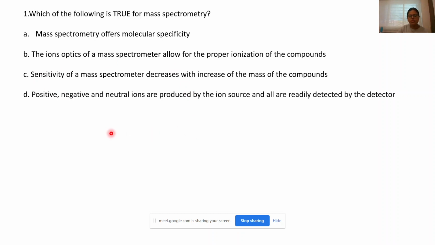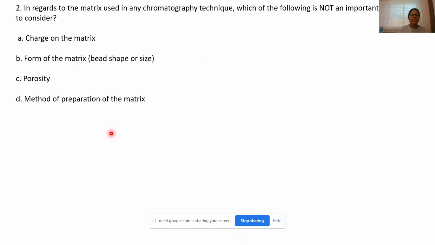Going to question 2. In regard to the matrix used in any chromatographic technique, which of the following is not an important characteristic to be considered? Generally, for proteomics study, before going for your mass spectrometry analysis, a chromatographic technique is used.